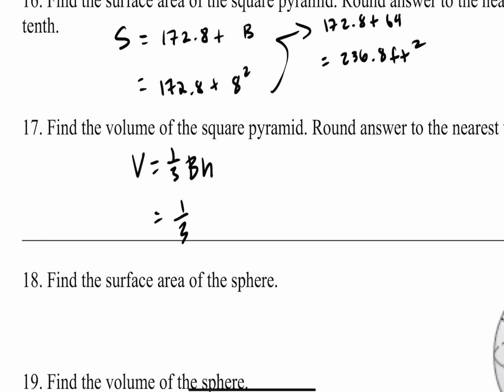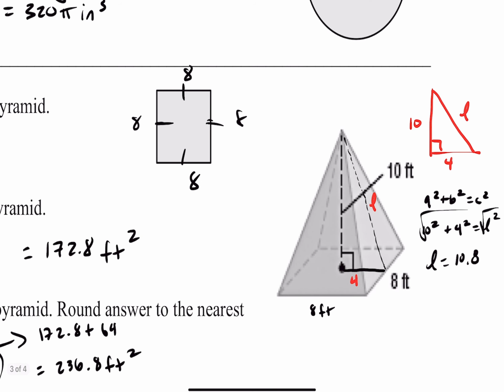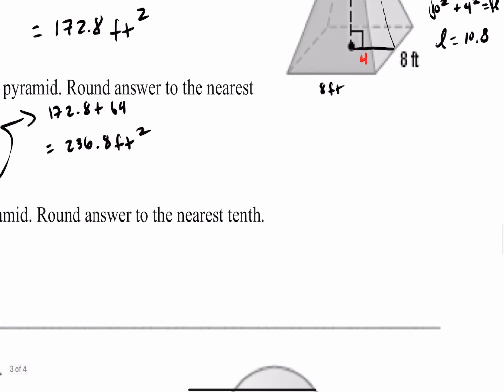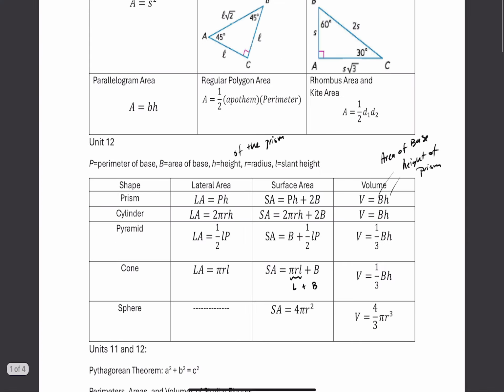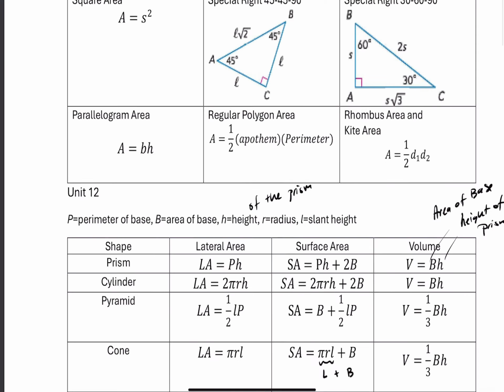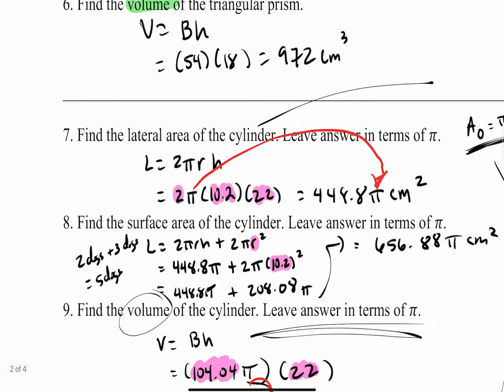Oh yeah, it's 64, because the shape of the base of the pyramid is a square. The area formula is A equals S squared. So it's 8 squared, 64, right?